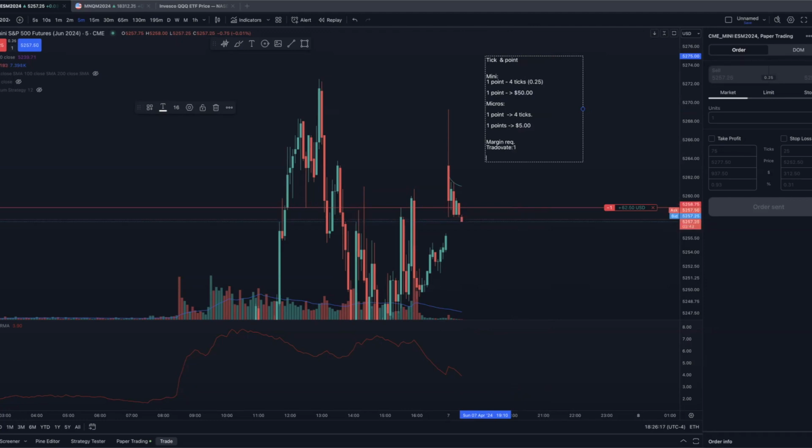Number one, if you want to open a mini contract on S&P 500 futures, I'm going to assume that you guys are going to start trading with a $5,000 or let's say $2,000 account. That's what you're starting to trade with on this futures account with TraderWeight. So you're starting to trade with a $2,000 account.